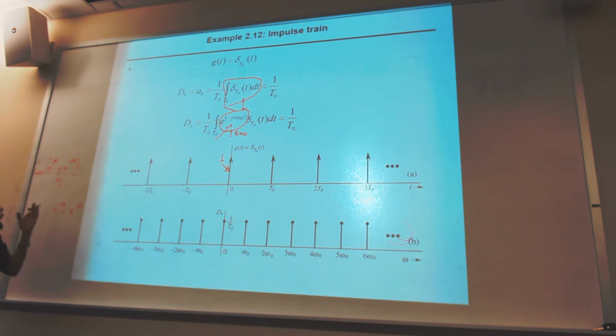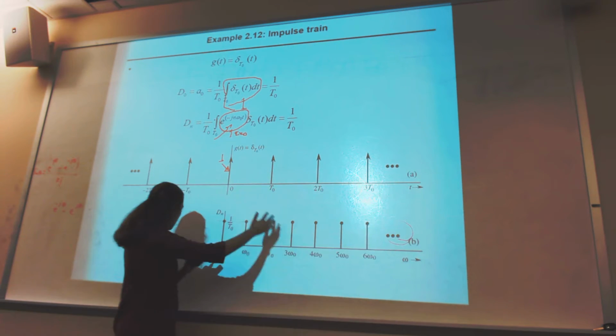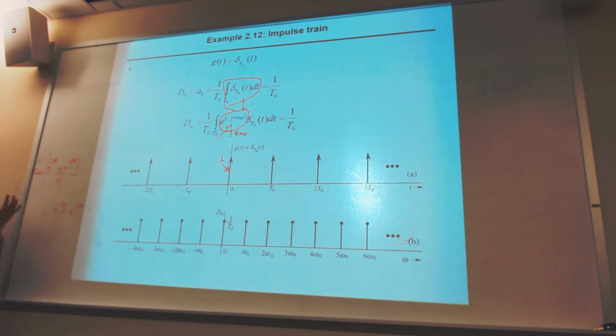It means that all the frequencies, omega naught, 2 omega naught, 3 omega naught, and the negative ones, are present in the delta, because it's a strange function. It goes to infinity, comes back. So this is something to remember: for the impulse train, the Fourier series coefficients are 1 over T naught.